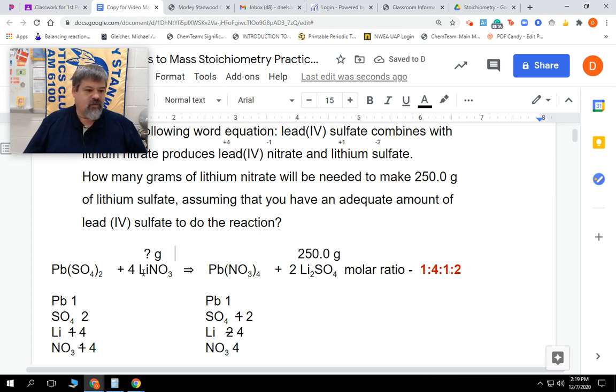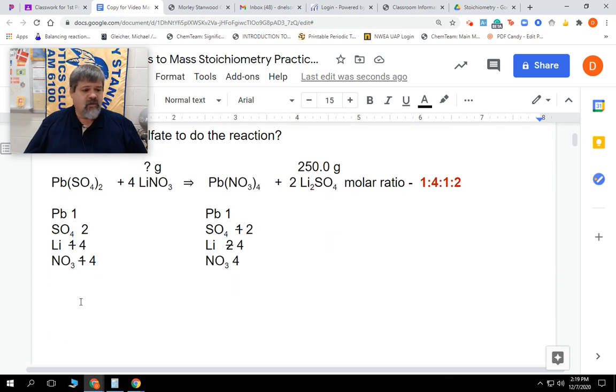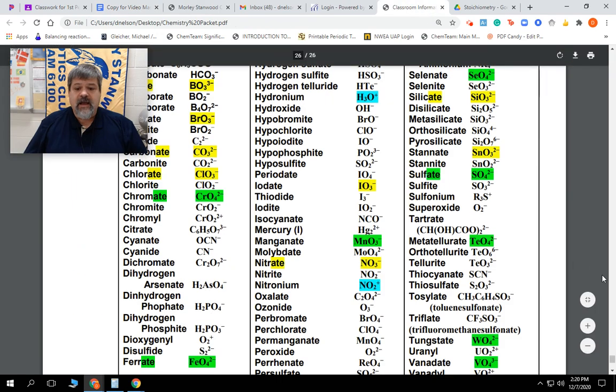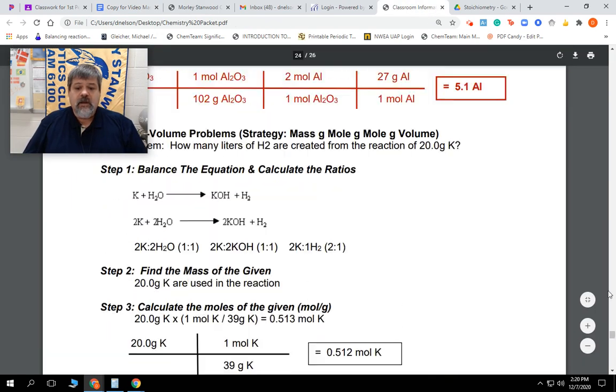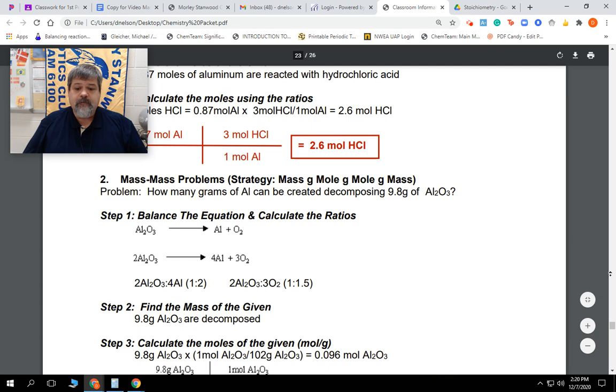Okay, so we're looking for this. We have this, so we have to go backwards with that, which is really easy to do. So we're going to start off with our 250 grams of lithium sulfate, Li2SO4. Okay. We're going to multiply by that, and if we go to our stoichiometry map, it says that we have to put moles on top.